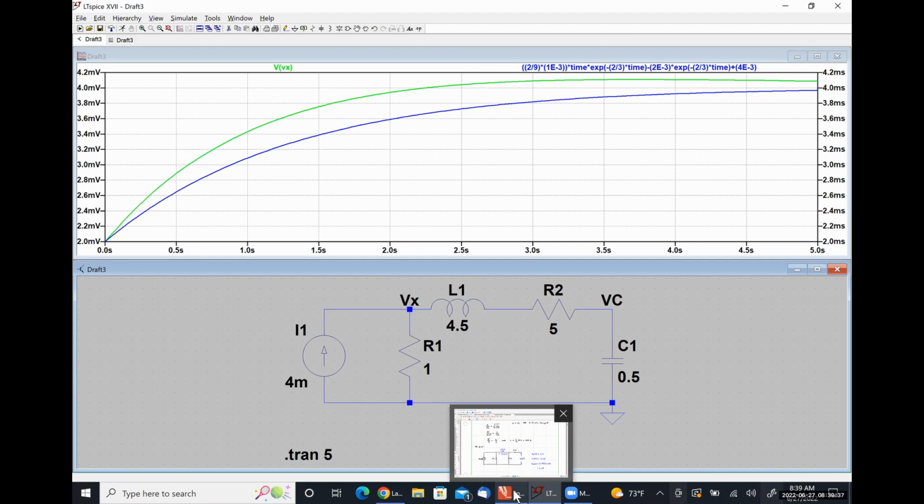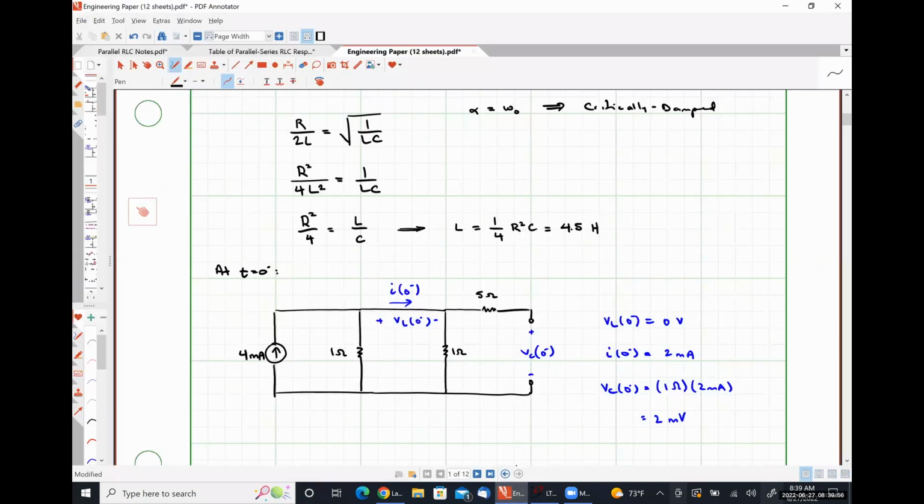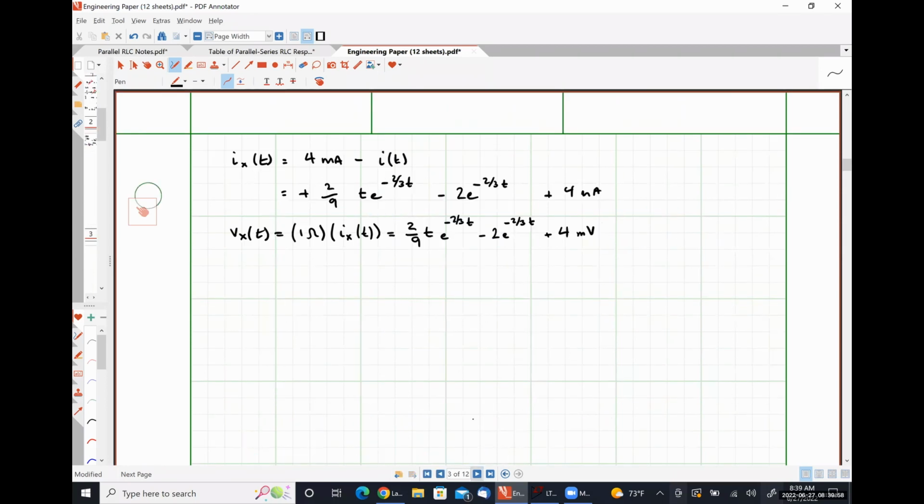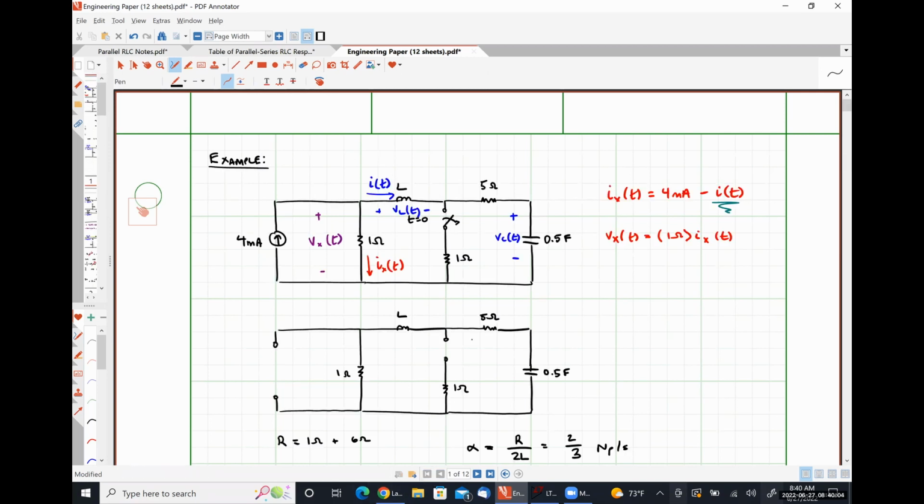So 2/9 times 10 to the -3. So effectively 2/9 of a milliamp per second times time. Let's scroll down here to the bottom. All right. Double check that my alpha was indeed 2/3.